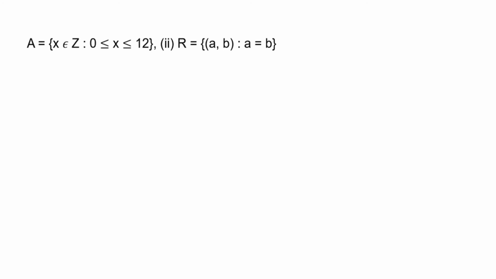Now, let us do the second subdivision. Here R is equal to the set of all ordered pairs (a, b) such that a = b. (a, a) belongs to R for all a belonging to A, since a = a, which means R is reflexive.